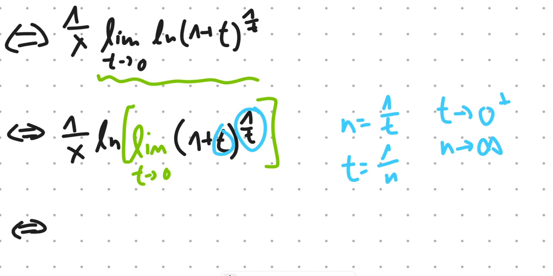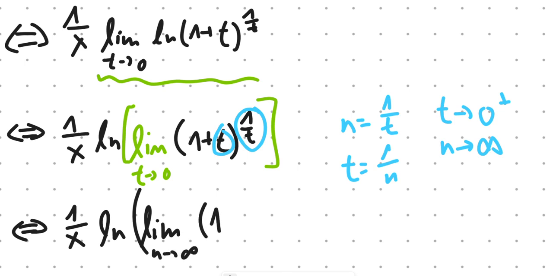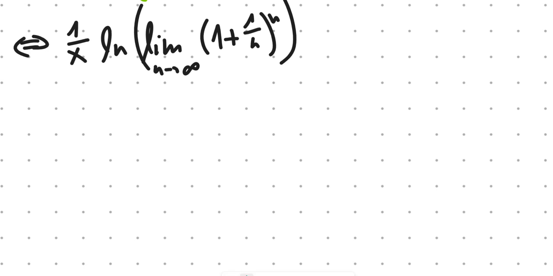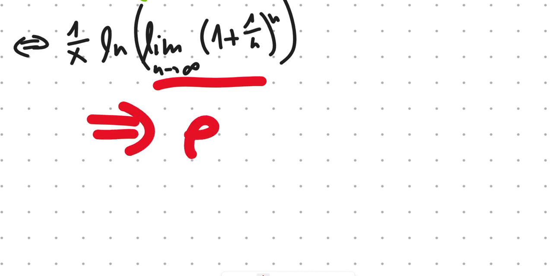So now we would have 1 over x times ln of the limit as n approaches infinity of 1 plus 1 over n to the nth power. Now this limit, as you see here, is actually equal to Euler's number. I'm going to prove the limit in another video, but not in a short time. So look at math textbooks and university textbooks.